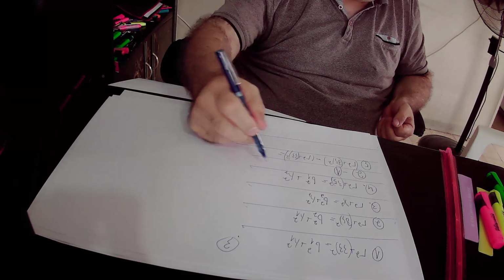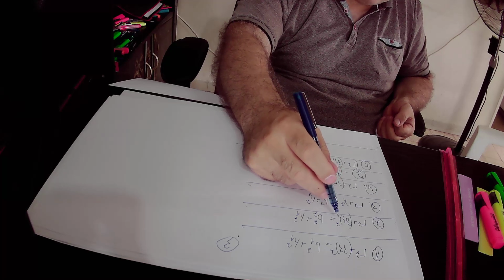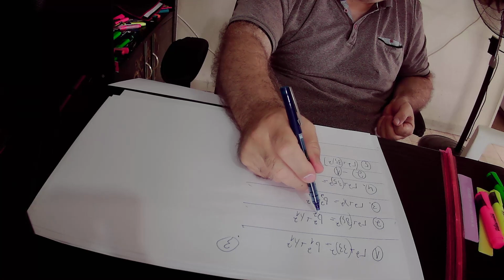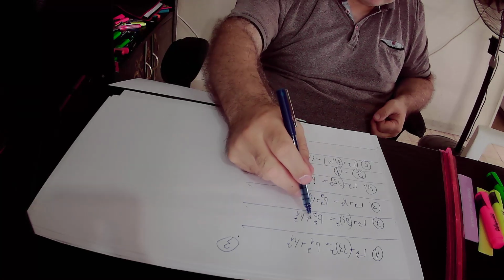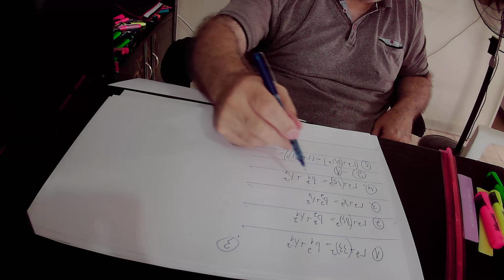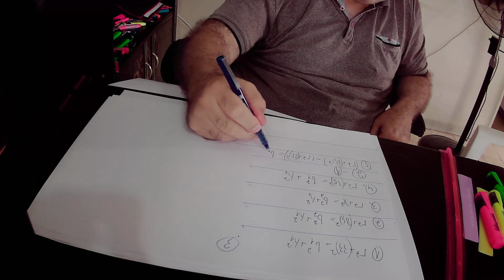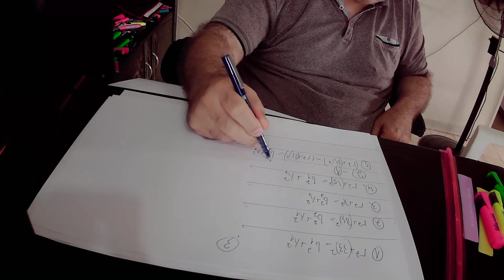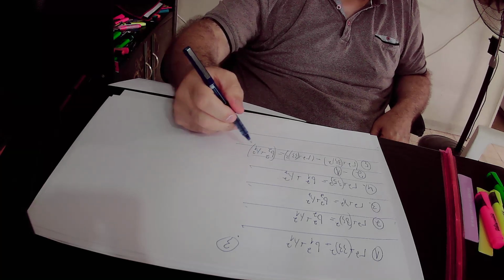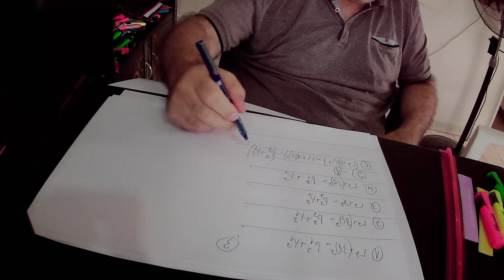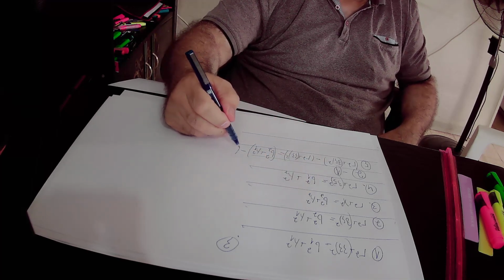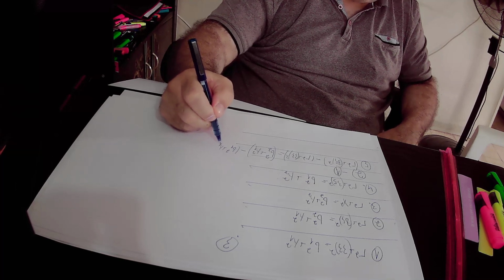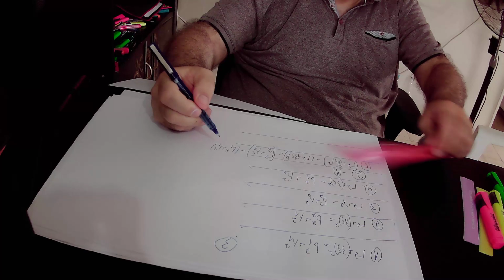So we finished this side. Now we go to the other side of equation number 2. Equation number 2 on the other side is B2 square plus H1 square, minus equation number 1, that is minus B1 square plus H1 square. Okay.